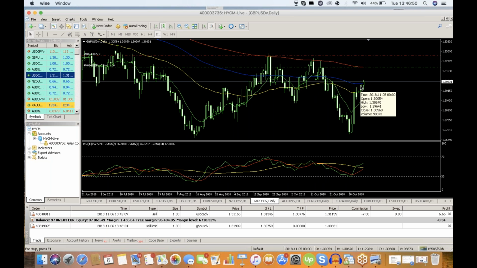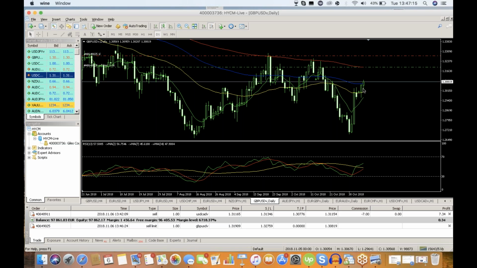Now, say you think that optimism is going to carry on; the place you would want to enter the trade would be around this 100 exponential moving average. Again, this isn't trading advice, this is education. Say you were convinced that the optimism is going to carry on, you think Britain is going to get a deal with the EU and that this is the moment.